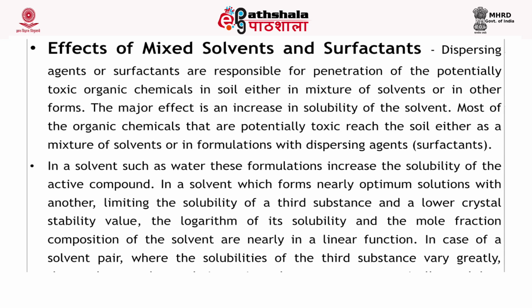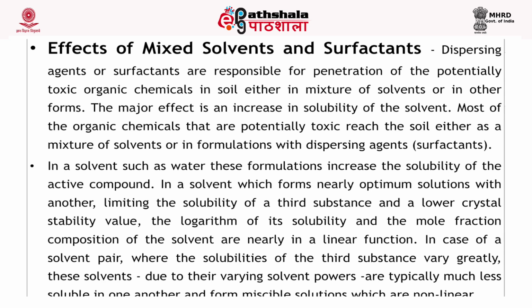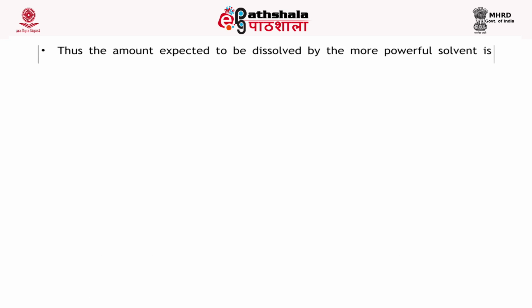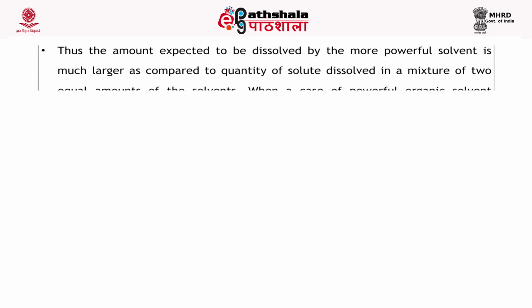In case of a solvent pair where the solubilities of the third substance vary greatly, these solvents, due to their varying solvent powers, are typically much less soluble in one another and form miscible solutions which are non-linear. Thus, the amount expected to be dissolved by the more powerful solvent is much larger as compared to the quantity of solute dissolved in a mixture of two equal amounts of the solvents.